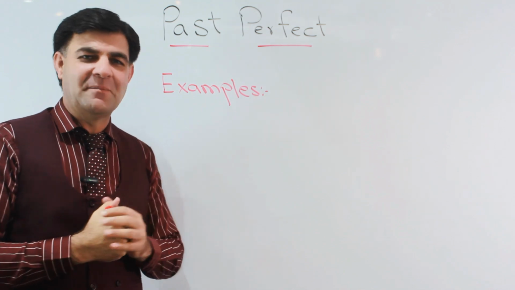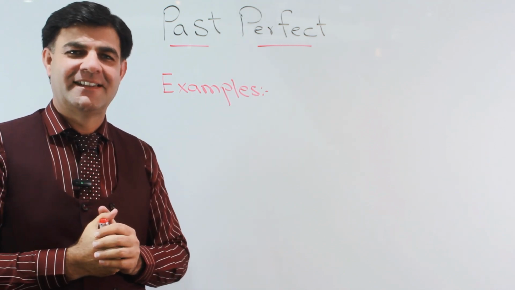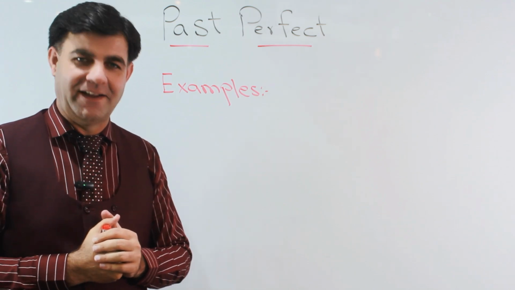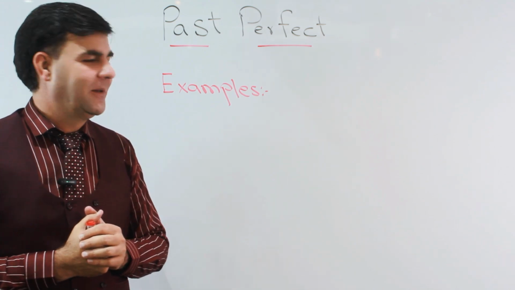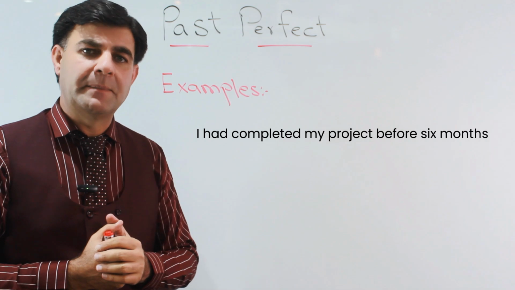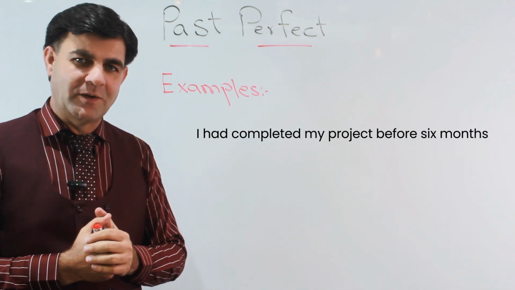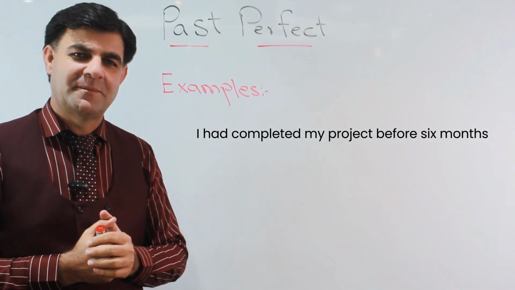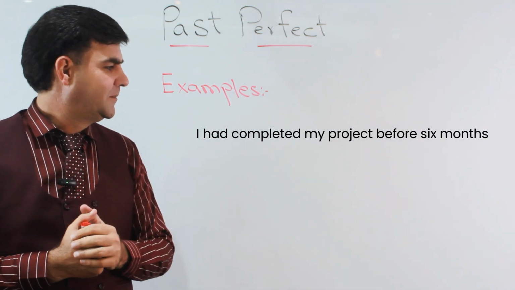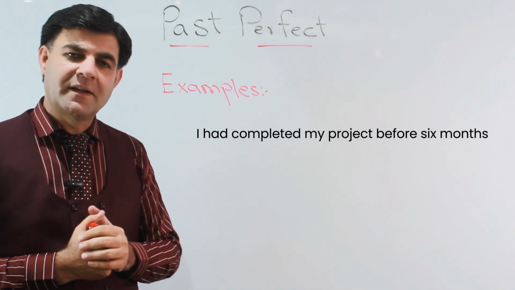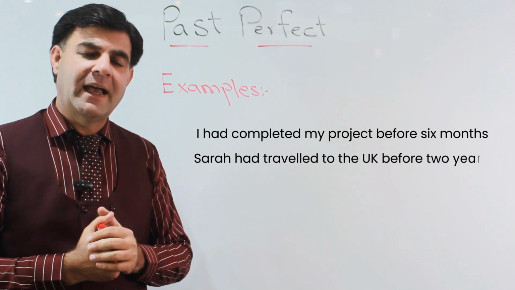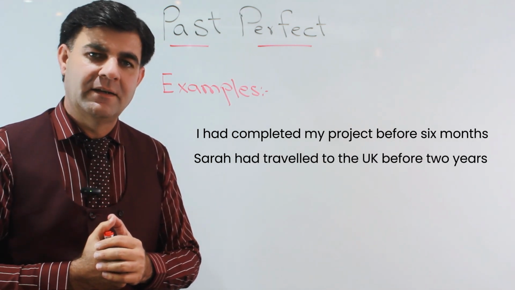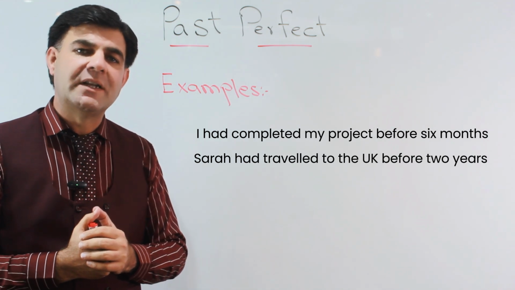There are some examples that will make past perfect tense clear. The first one: I had completed my project before 6 months. Number 2: Sarah had traveled to UK before 2 years.